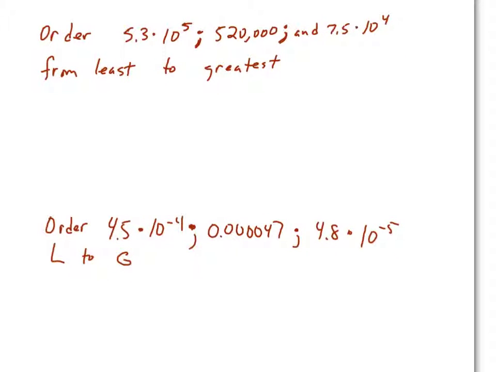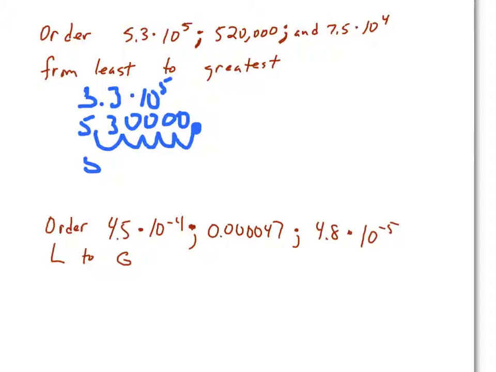Now, next I'm going to order these numbers, and probably the best thing to do, since these numbers aren't so big, is to convert them all to standard form so that we can really see what they are. So 5.3 times 10 to the 5th, so that's going to mean moving the decimal on 5.3 1, 2, 3, 4, 5 places to the right.